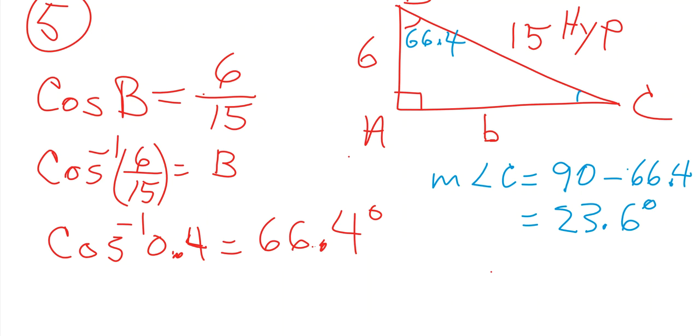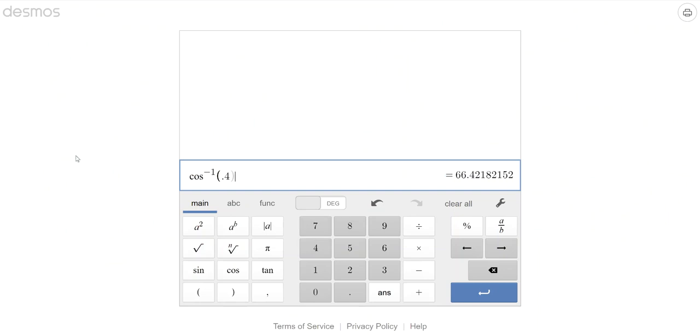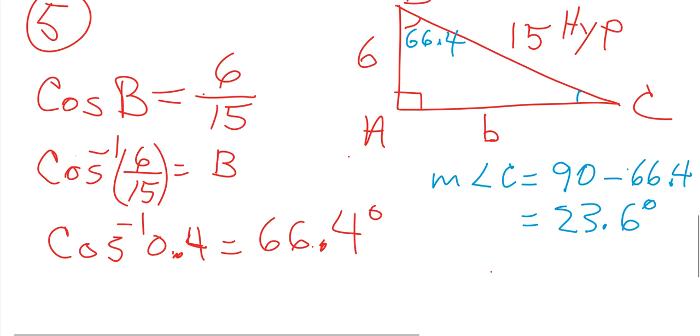Let's go back to inverse cosine. It was 66.4 what? It's 66.422. That way we won't get so much round off here, okay?